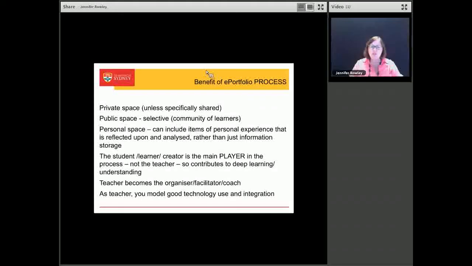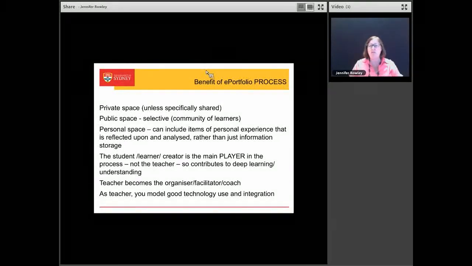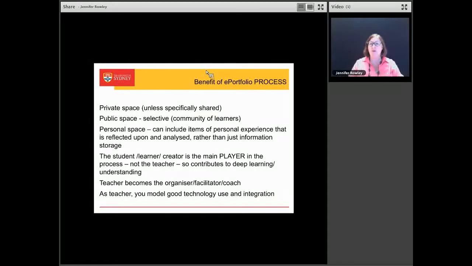So in a sense, you as a teacher become the organiser, the facilitator or the coach, rather than the teacher or the instructor in this particular process. I think underneath it all, we also model good technology use and integration.